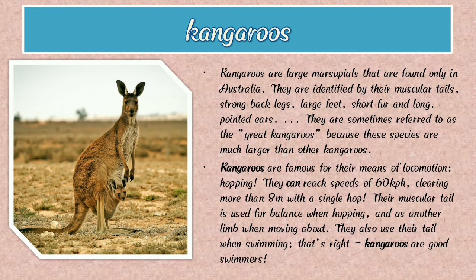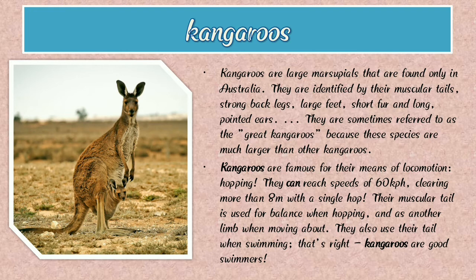They are identified by their muscular tail, strong back legs, large feet, short fur and long pointed ears, and they are sometimes referred to as the great kangaroos because these species are much larger than other kangaroos.